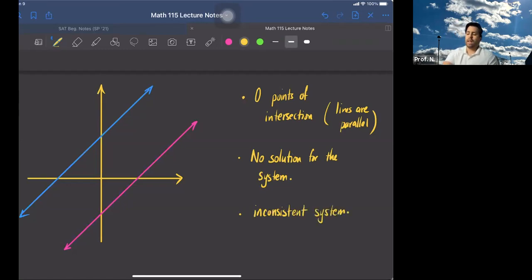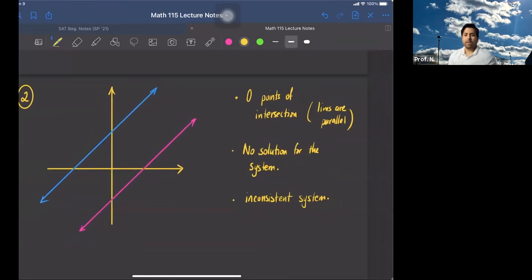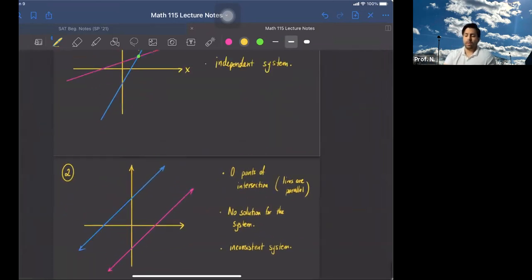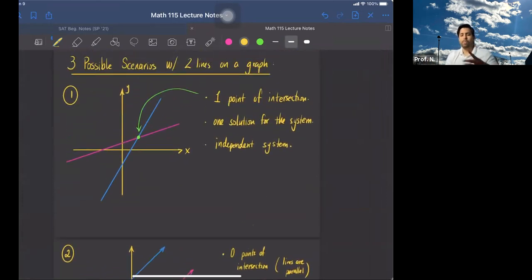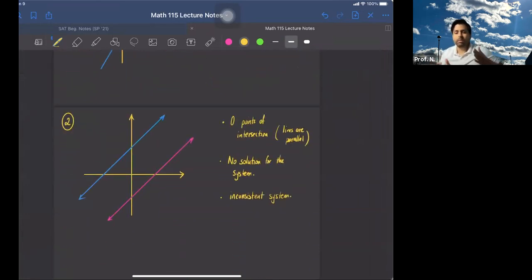So when we have two lines that are parallel, the system of those two equations has no solution since there's no point of intersection, and we call it an inconsistent system. Great. So we talked about two scenarios so far. One scenario, only 1 point of intersection. The second scenario, no points of intersection, parallel lines. What's the third?